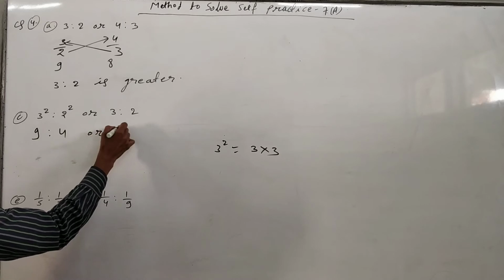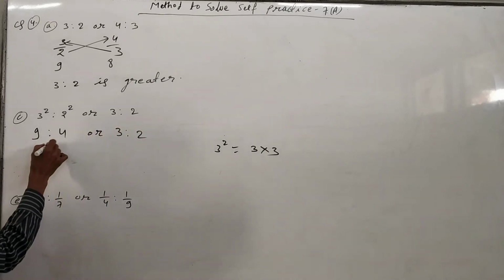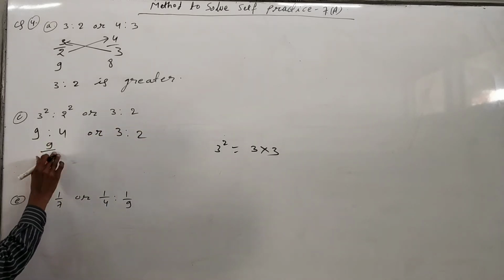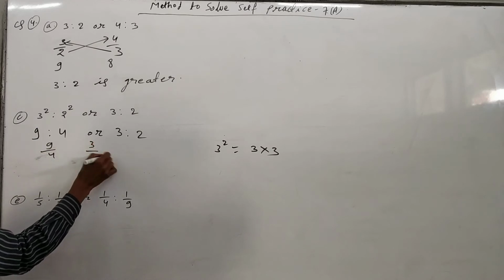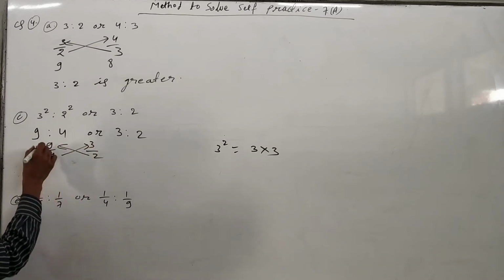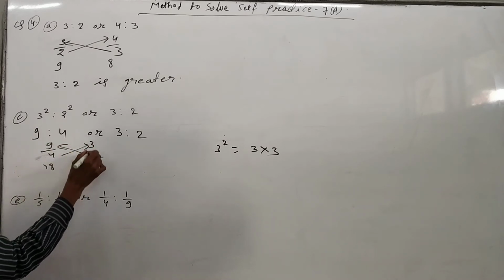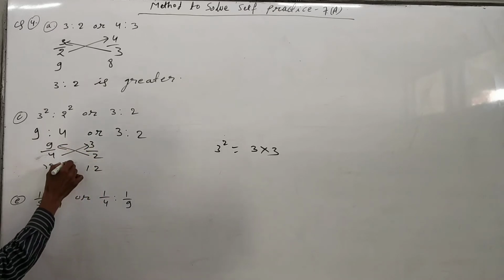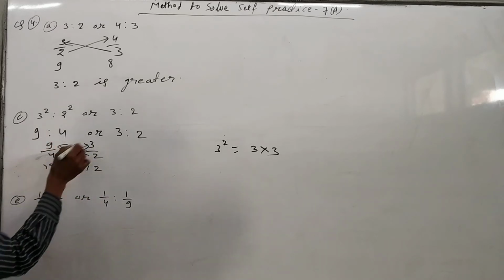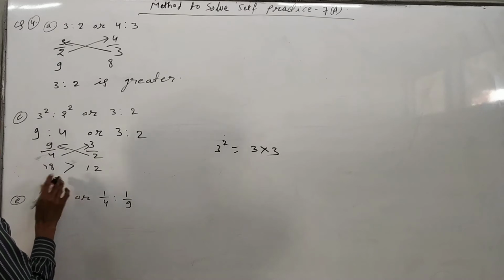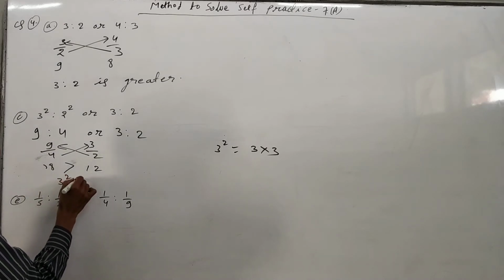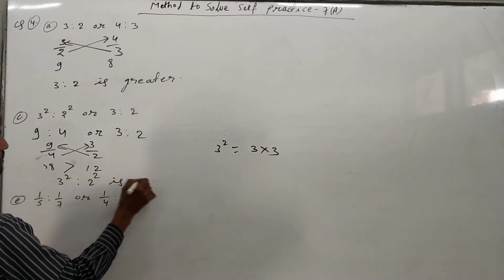And the other is 3 is to 2. Now write into fractions, 9 upon 4, and here 3 upon 2. Now again cross multiply: 9 twos are 18 will come, and here 3 fours are 12 will come. Again this one is greater, it means 9 upon 4 is greater. It means 3 power 2 is to 2 power 2 is greater.